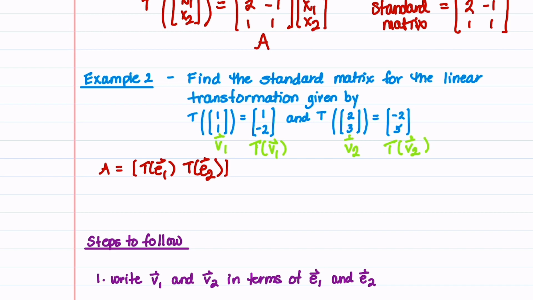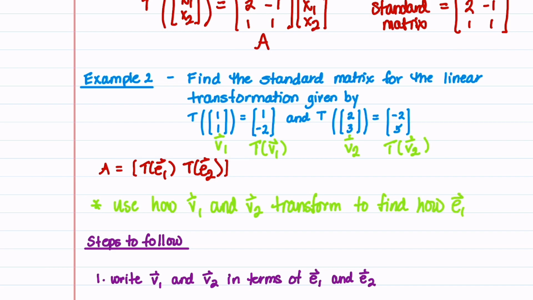The idea is that we're going to use how v1 and v2 transform to find how e1 and e2 transform, because A is T of e1 and T of e2, so we need to know how these vectors transform.